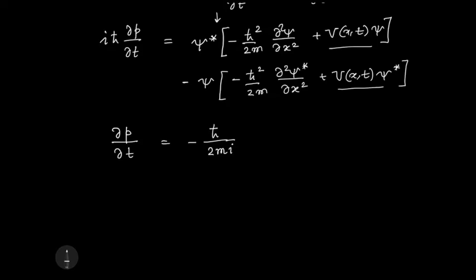Okay, so let's see. So i h cross I have put in the denominator. I have taken the term with the minus sign here, which means I will get the first term, which is psi star del 2 psi del x2, and then I get psi del 2 psi star del x2.